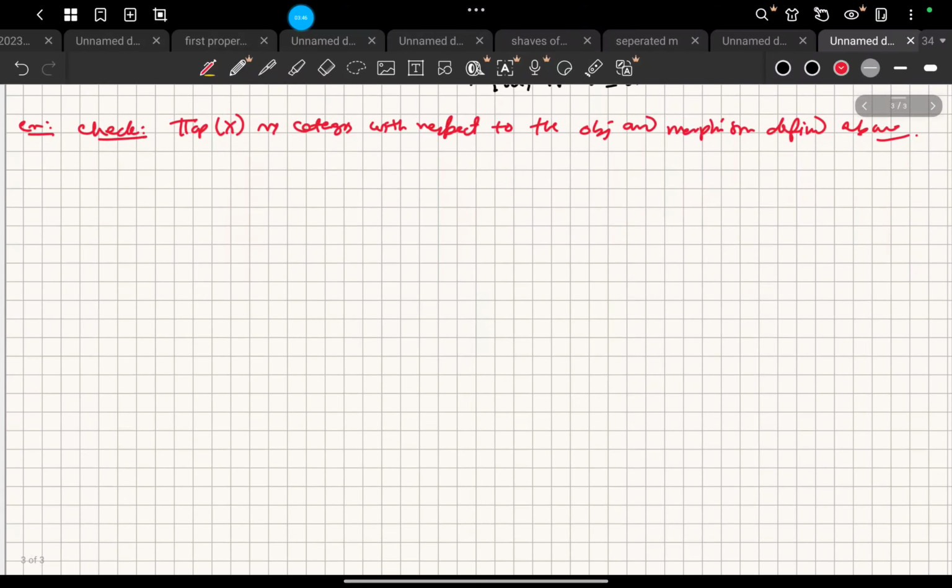Now, on the other hand, let us consider Ab to be the category of abelian groups.